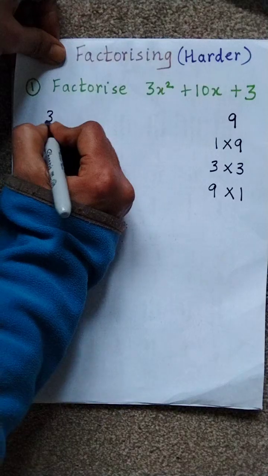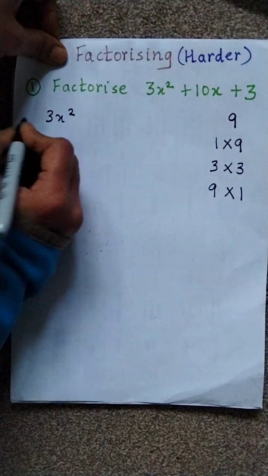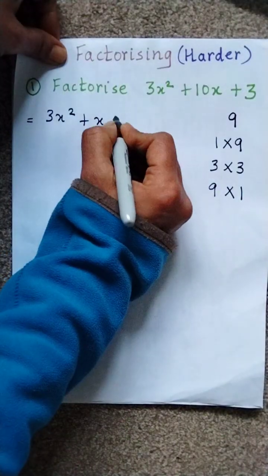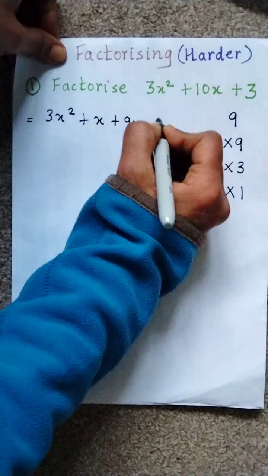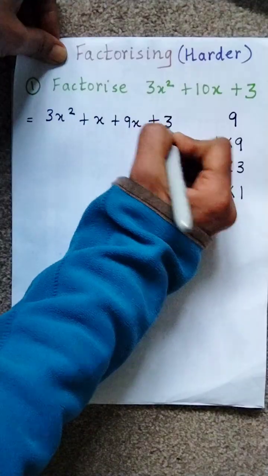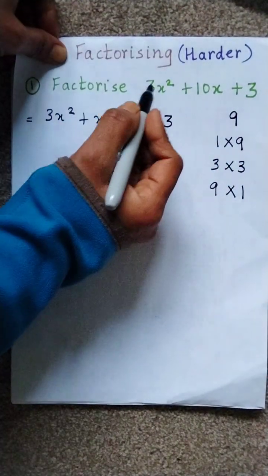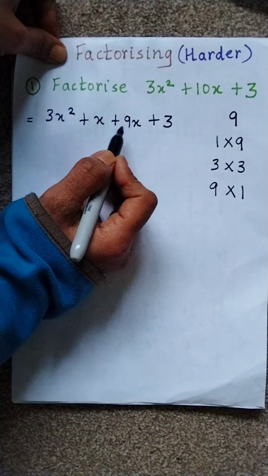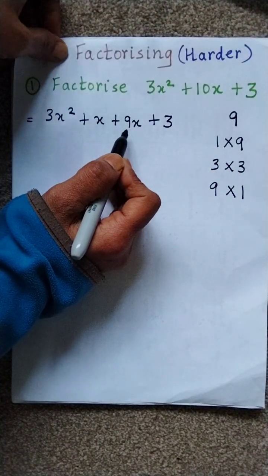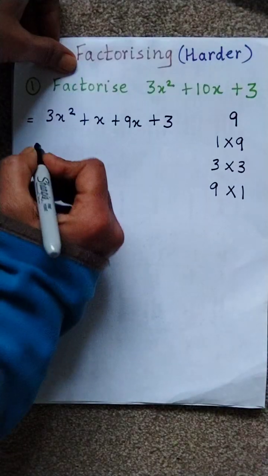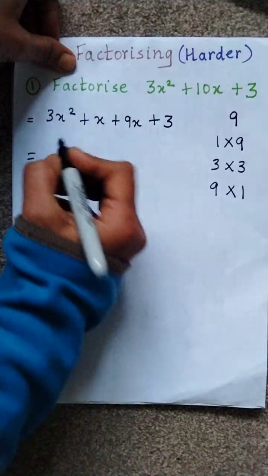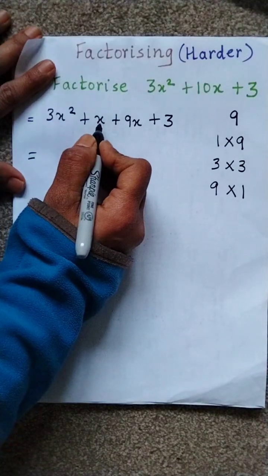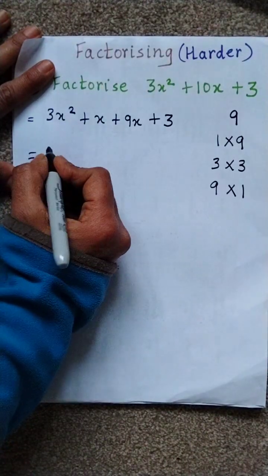So 3x square plus 10x plus 3 is equal to 3x square plus x plus 9x plus 3. We have written the same thing; instead of 10x, we have written x plus 9x, plus 3. What is common in 3x square and x? x is common.